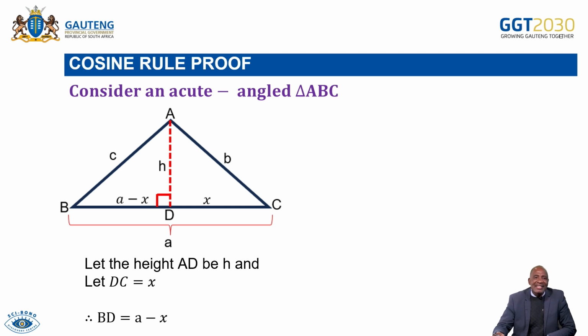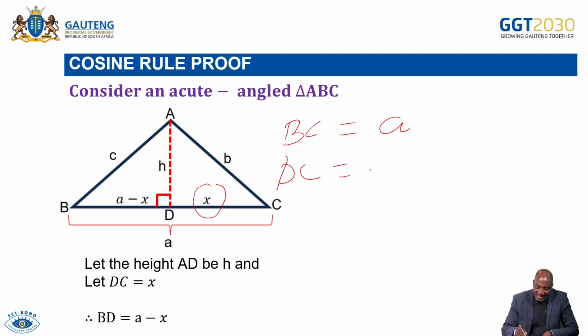If we let our side DC be x. But remember, the whole of BC is our small a. If you cut out DC and make your DC x, therefore, what remains is your BD.